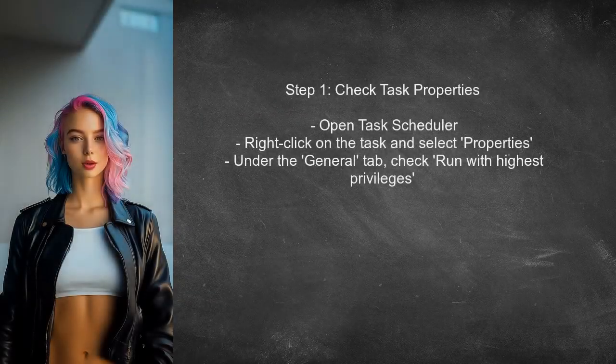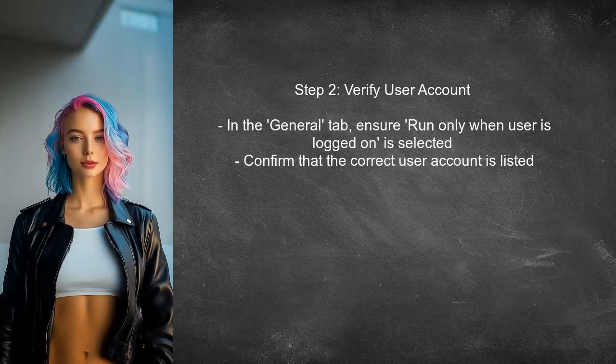To begin resolving the issue with Task Scheduler, the user should first check the task's properties. This includes ensuring that the task is set to run with the highest privileges. Next, the user should verify that the task is configured to run using their personal user account. This is crucial for avoiding permission issues.